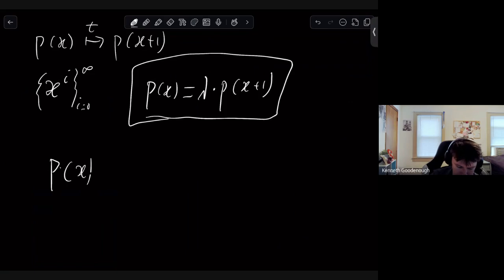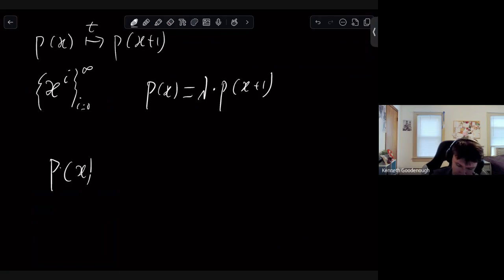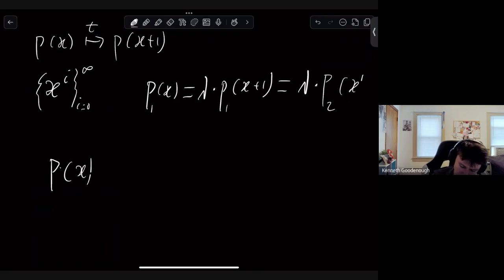Let me think for a sec. What I wanted to do was the following: say that this is equal to lambda times, let's call this P2. Let's add a subscript here. And then I wanted to hit P2 again with this T operator.